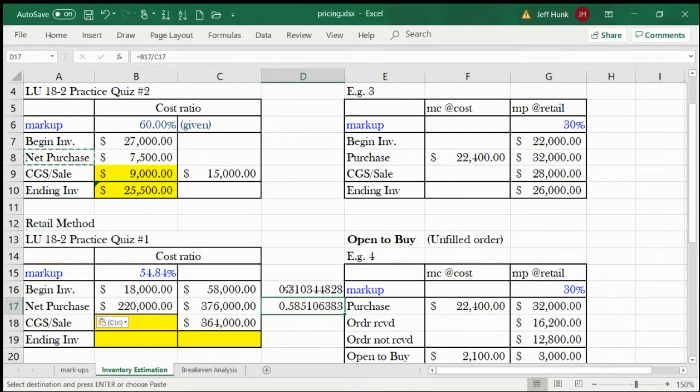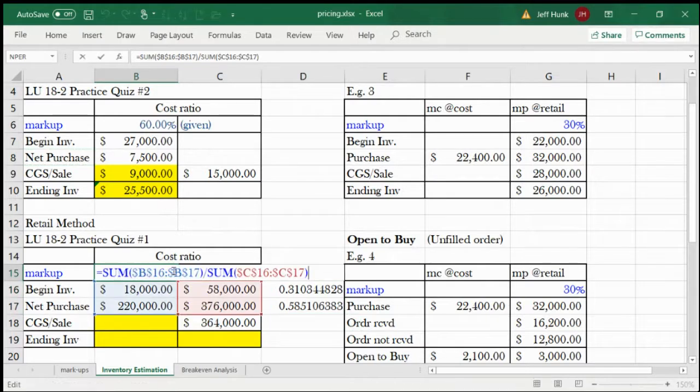So what do you need to do? You cannot simply use this one as the cost ratio, or use this one as the cost ratio. So what do you need to do? You'll have to use the weighted average cost ratio. In other words, that's what I did here.